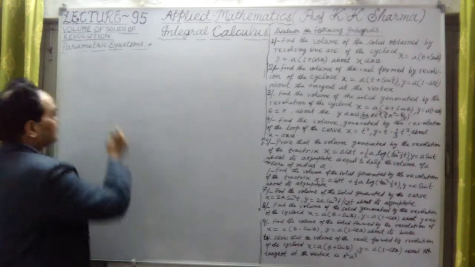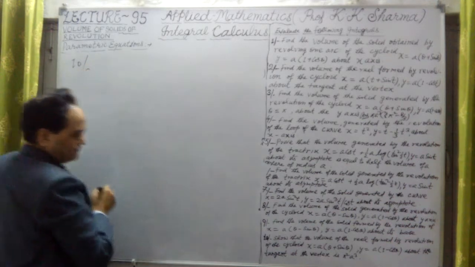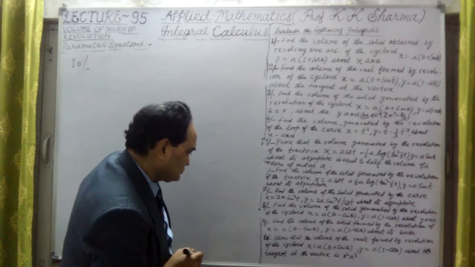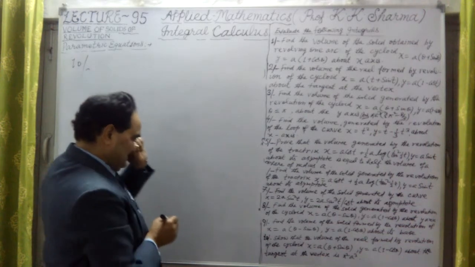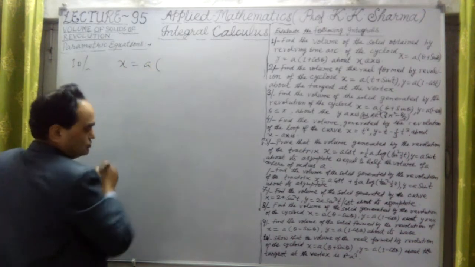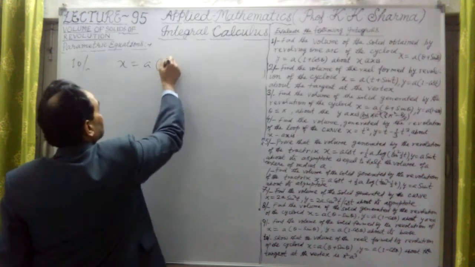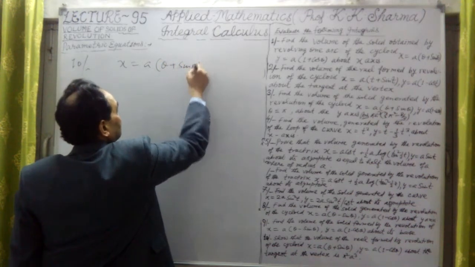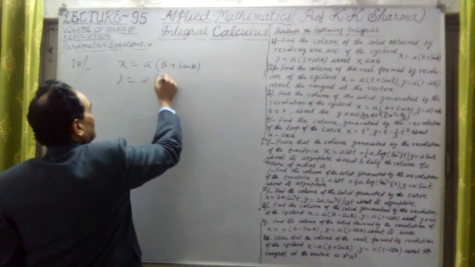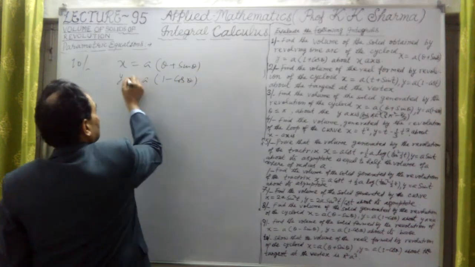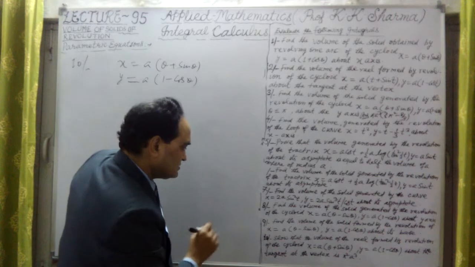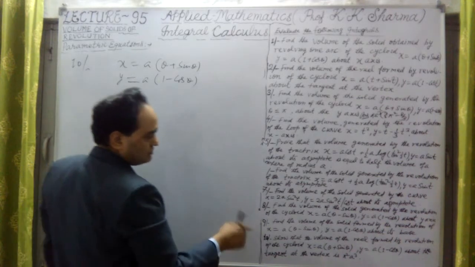The 10th question says: show that the volume of the solid formed by the revolution of the cycloid x equal to a into theta plus sine theta, and y equal to a into 1 minus cos theta, about the tangent at the vertex is pi square into a cube.